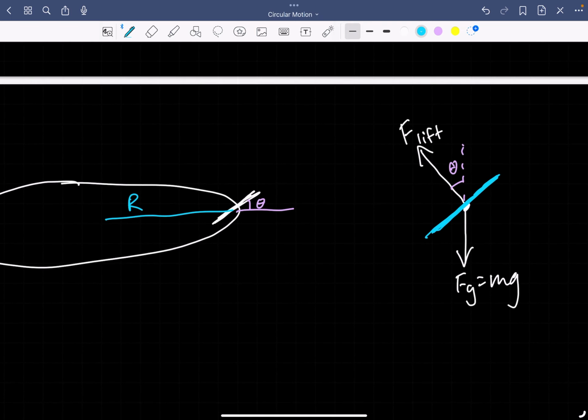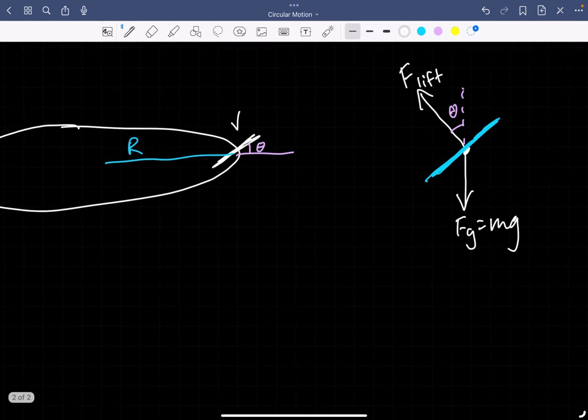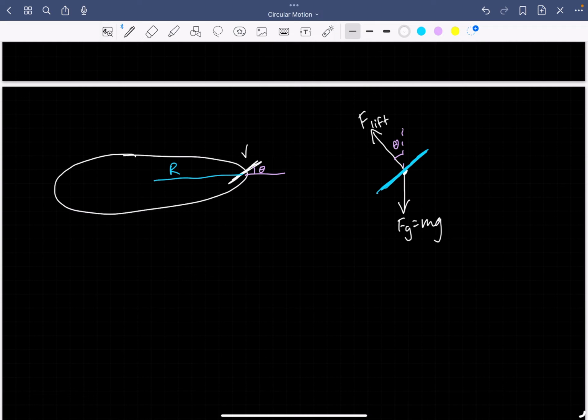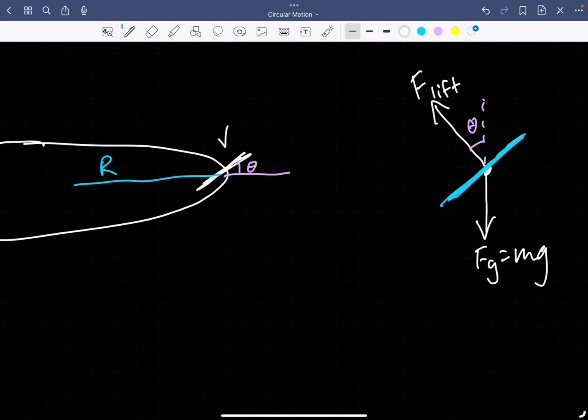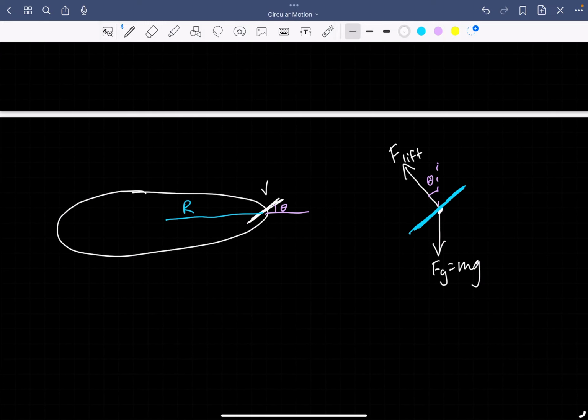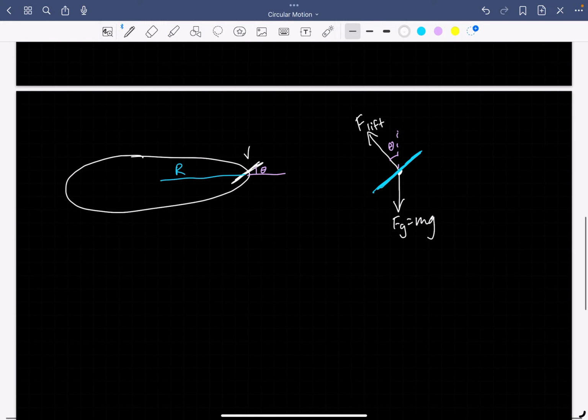And let's just say the airplane is traveling at a velocity v here. We want to know what the angle is that the plane has to bank its wings when it's traveling at speed v, or instantaneous velocity v, in order to make a turn of the radius r. And so we know that the airplane doesn't change elevation on its turn.